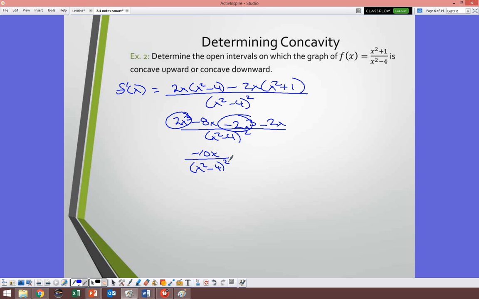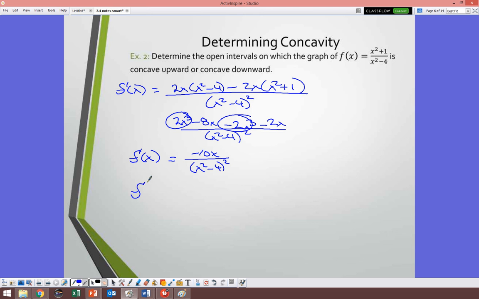So we have that, and now, since we're trying to get to my second derivative, I've got to do the quotient rule again.